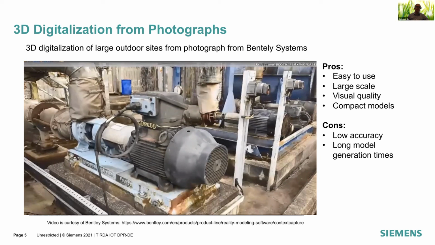With photogrammetry models, you cannot get the high accuracy required for some applications. For some applications this is completely fine, but for others it is not enough. And usually, because these involve high-dimensional nonlinear optimizations, they are time-consuming to produce.